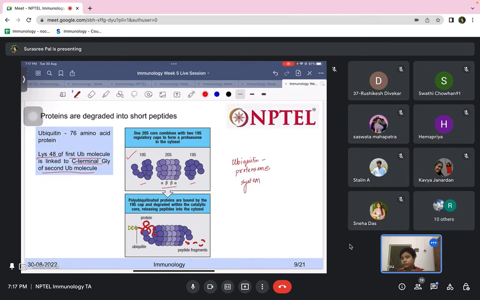This is how ubiquitins are joined together. And remember, this is polyubiquitinylation.